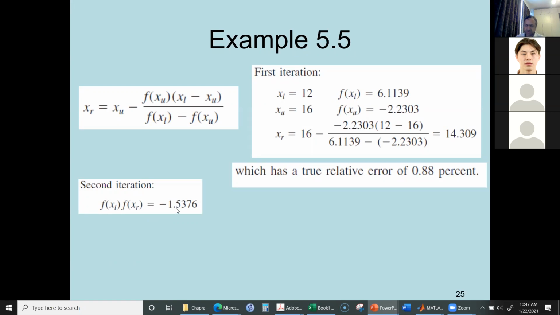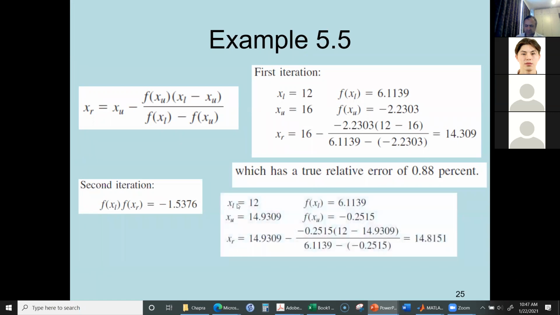Therefore, the new xl and xu will be between 12 and 14.309. Here there is a typing error. It should be 14.309, not 9309. The 9 is actually extra over here.